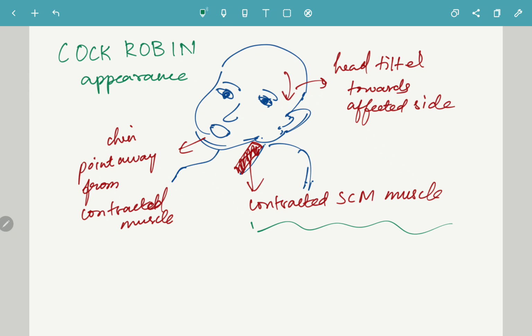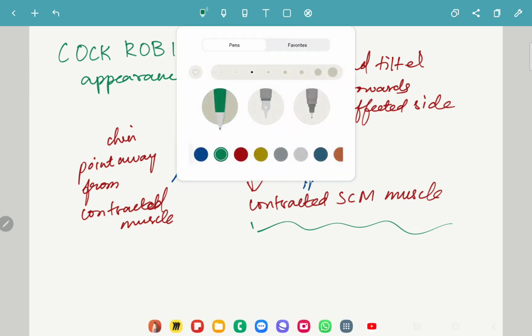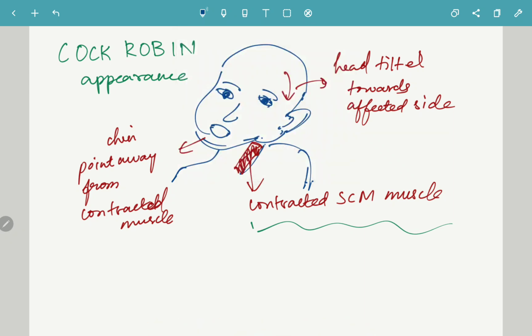The cause in congenital or infant torticollis is fibrosis of the sternocleidomastoid muscle on one side.